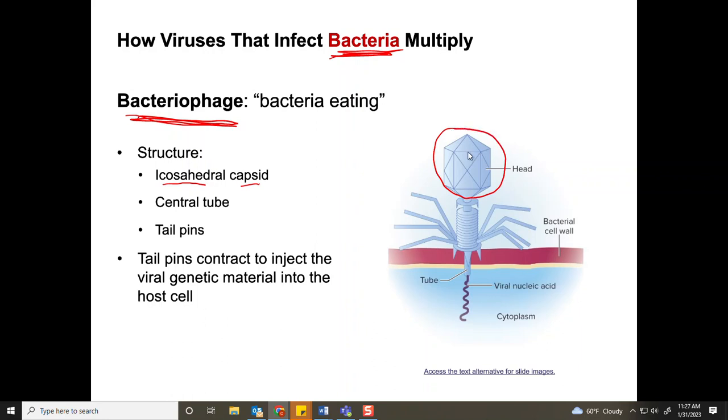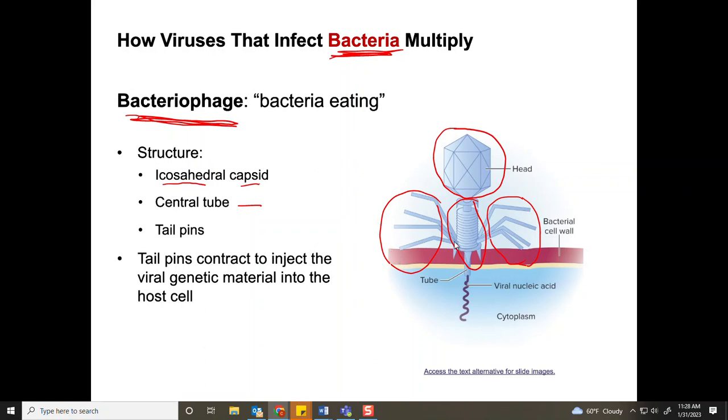See multiple triangle shapes that form a three-dimensional shape. A central tube, as seen here, and these tail pins, as seen here. They look very alien-like to me, almost like a little spacecraft. So these tail pins, what they do is they will land, which is kind of funny because, like I said, it looks like a spacecraft.